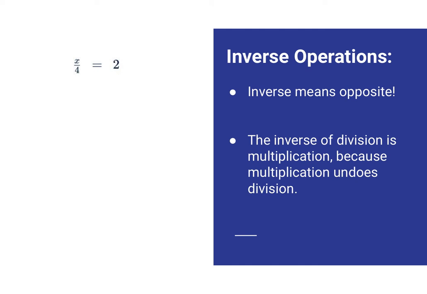So in this case, I can multiply each side by 4, because if I have an x over 4 times 4 over 1, this just cancels out and I'm just left with x on one side, and then 2 times 4 is 8. So I have my answer of x equals 8.